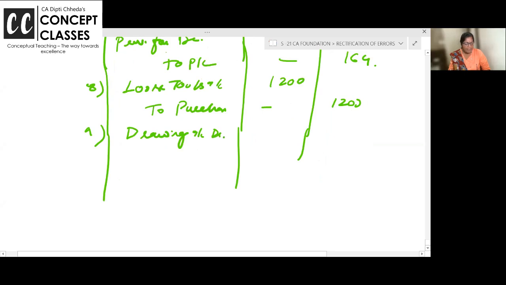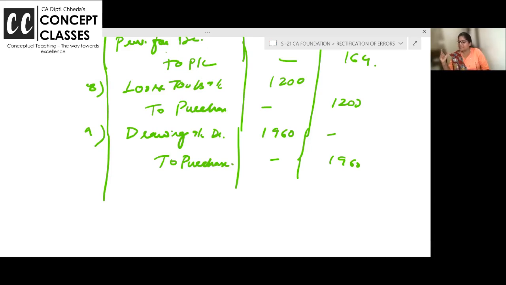Drawings account debit 1960. Purchase credit, drawings debit 1960.